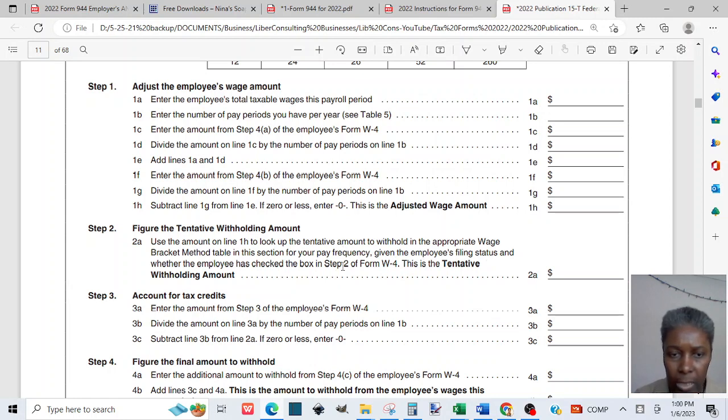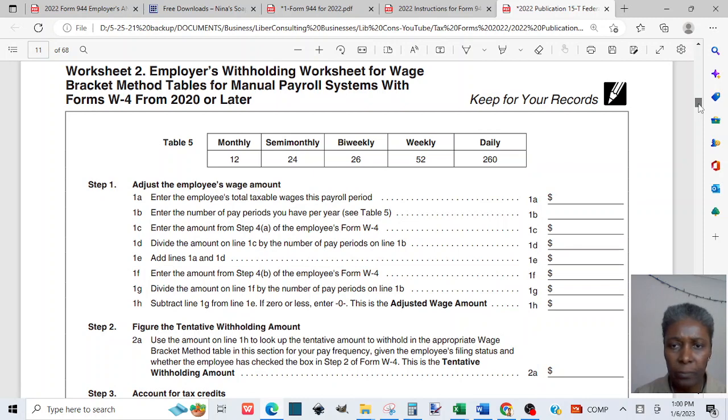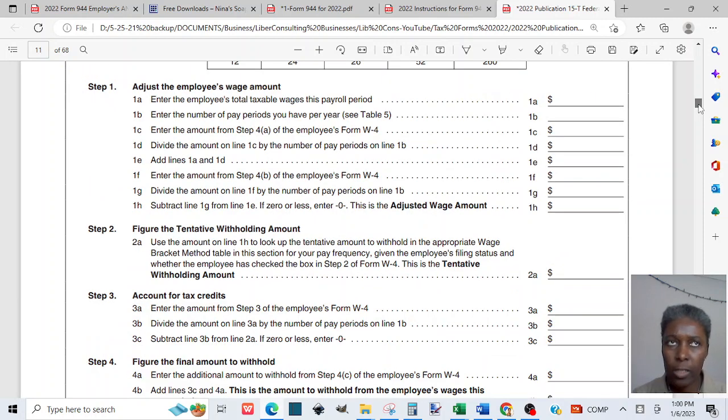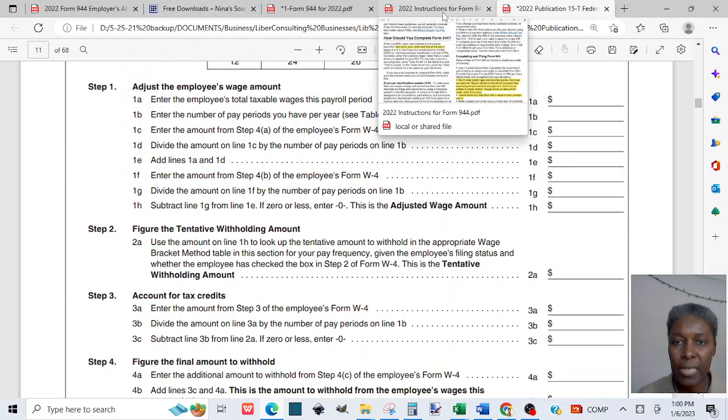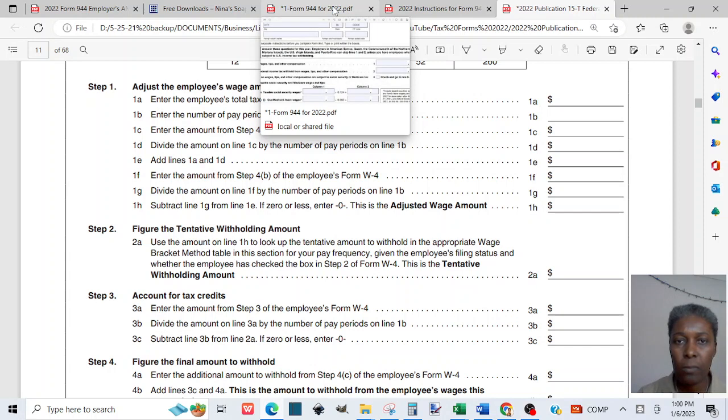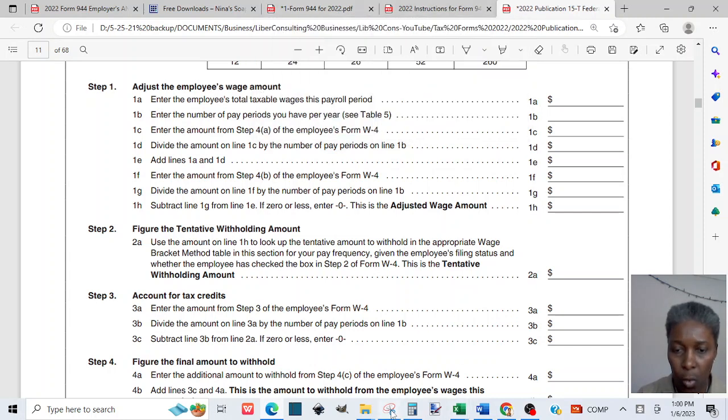So give the employee's filing status and whether the employee has checked the box in Step 2 of Form W-4. So the W-4 itself is not here, but this form just helps you use that W-4 and how much you are paying to locate the estimated tax to withhold.